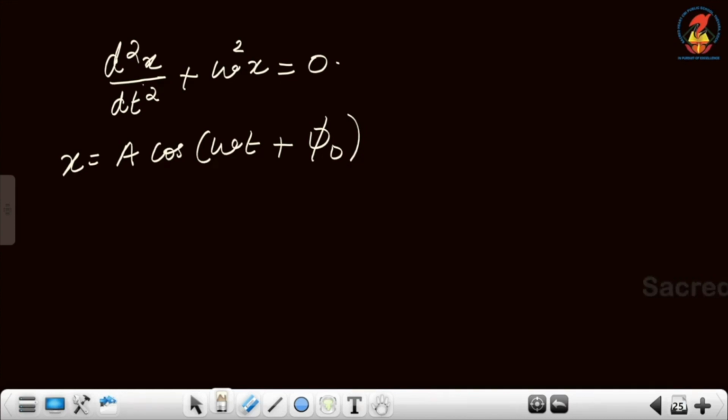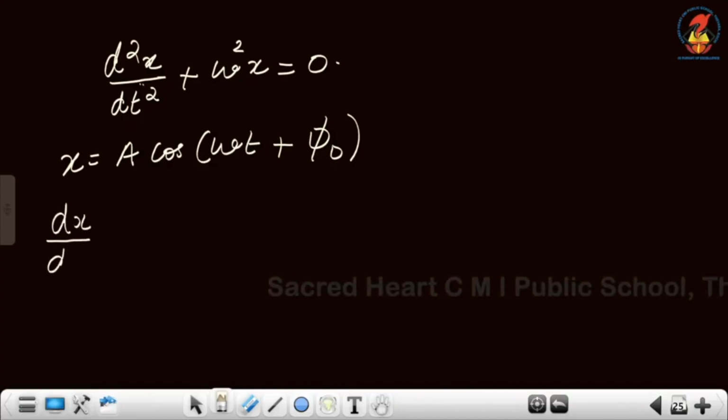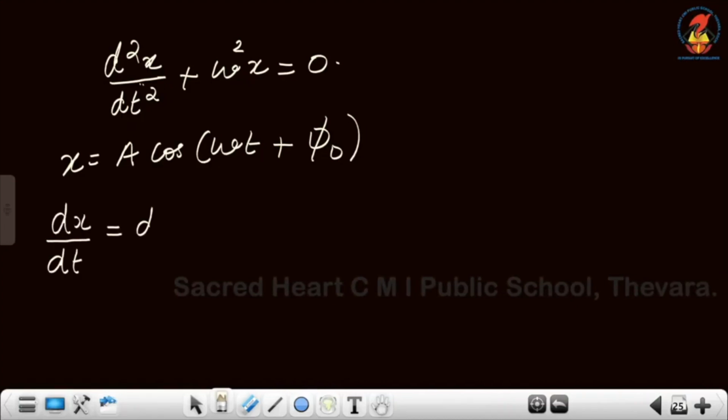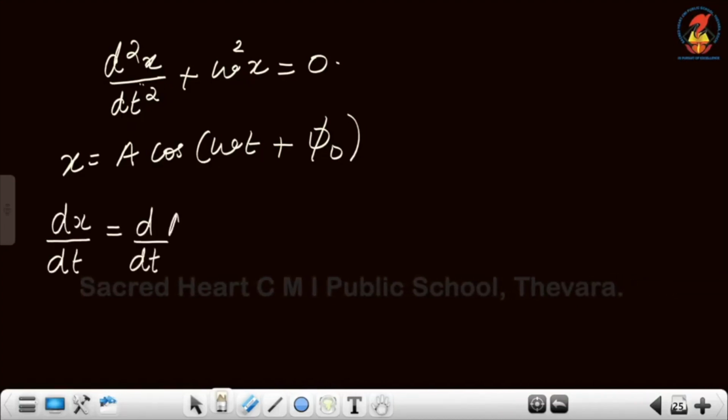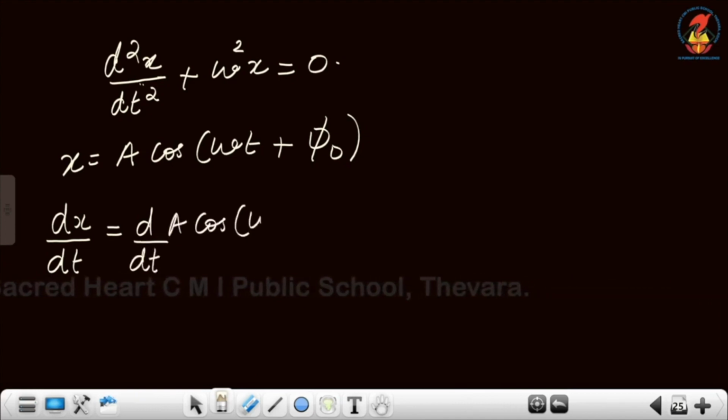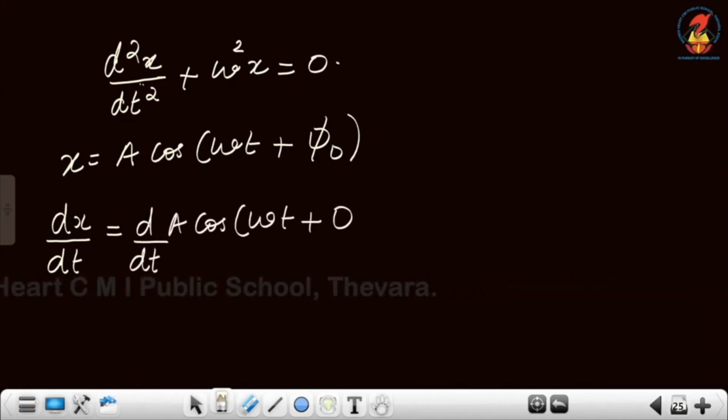First, d²x/dt² means the second derivative, or taking the derivative 2 times. First let us find dx/dt, which is d/dt of A cos(ωt + φ0).